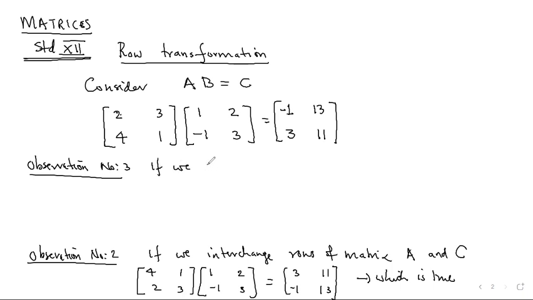If we interchange rows of B and C, that means A is kept constant.